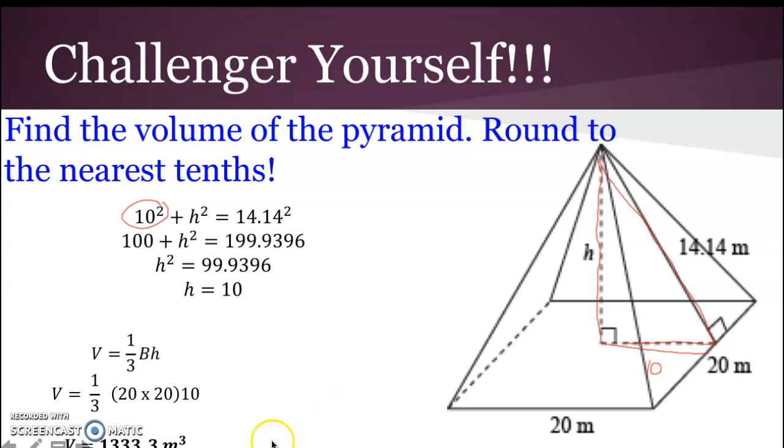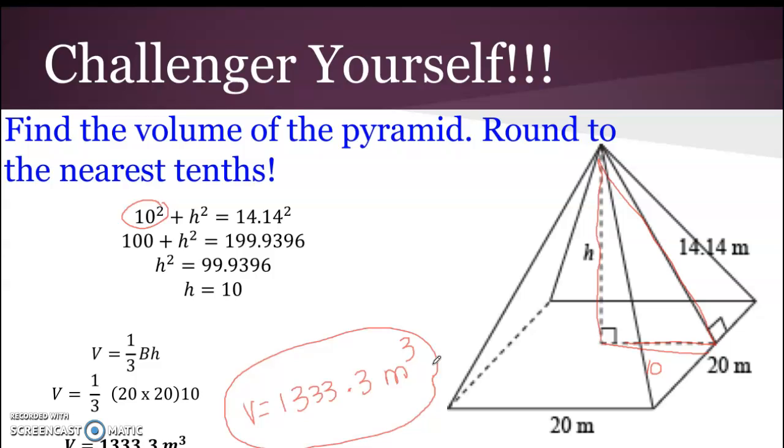So if you can't see that piece in the bottom, the volume after you do all your substitution is 1,333.3 meters cubed.